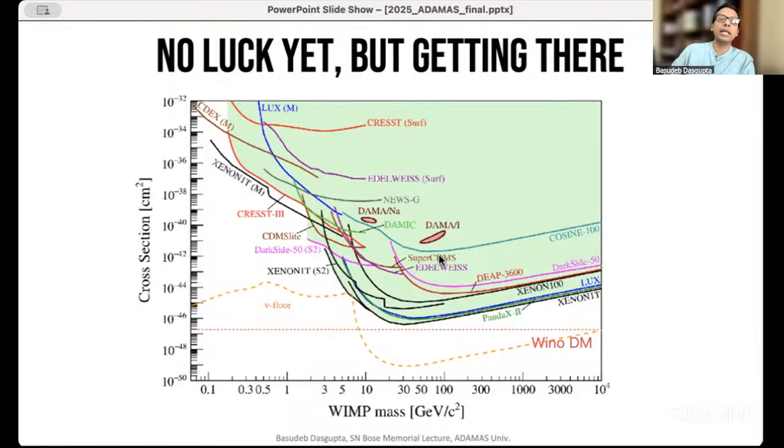That is already excluded. Of course, it is allowed to be somewhere here, that you can have a 100 GeV dark matter particle, but with, let's say, some small coupling, which is in this white region. Okay, so I'll not tell you more about it right now, but this is another class of experiments.